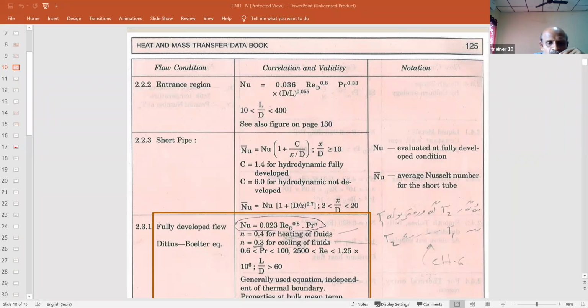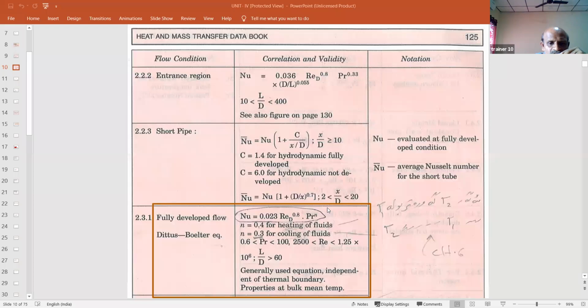In some problems this formula is given in some other way. Suppose in that formula, instead of 0.023, you have 0.03, then you have to use that formula only. Don't use this formula.